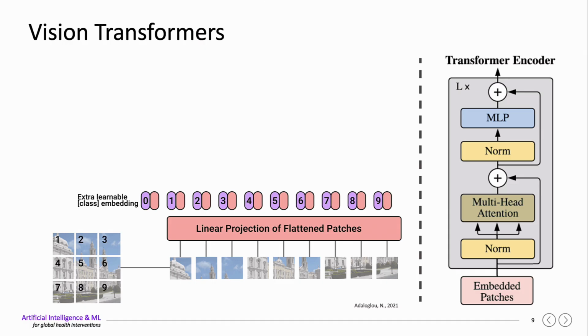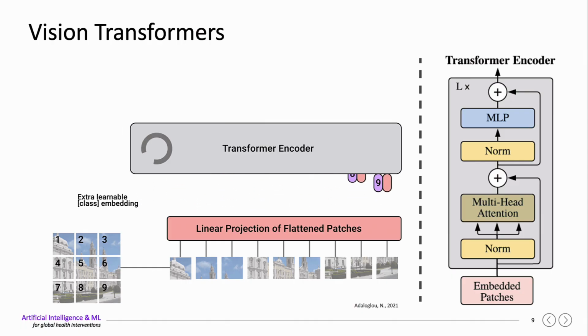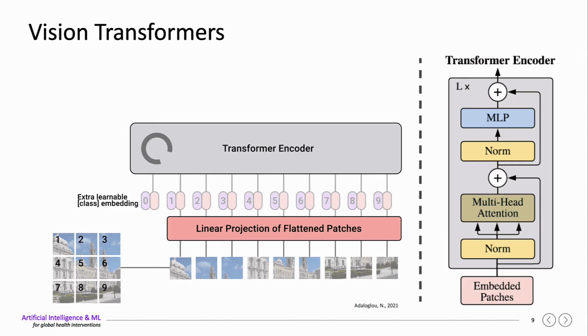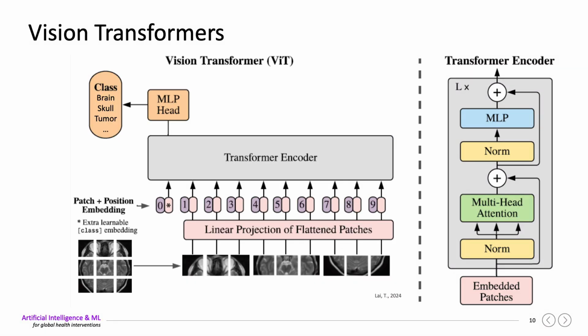This encoder block, repeated L times, takes embedded patches, applies a normalization layer, then multi-head attention, then adds a residual connection. It then applies another normalization, an MLP, and another residual addition. This is exactly the transformer encoder we studied for language, but now the tokens will be image patches rather than words. The dashed line indicates that this block is stacked L times to form a deep encoder.